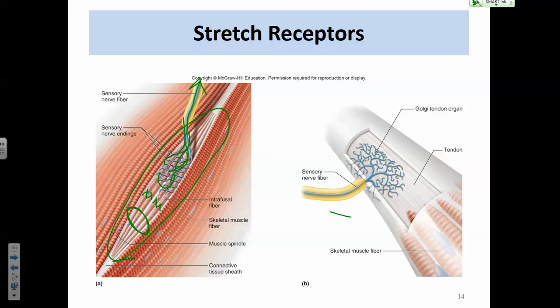This is the Golgi tendon organ, and it's located within a tendon, like it says, whereas the muscle spindle is in the muscle. But remember, tendons are bands of connective tissue connecting a muscle to a bone, right? Let's say here's the bone that the tendon's connected to. This is for my online students, so they can't see me pointing.